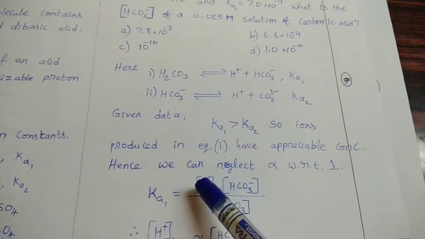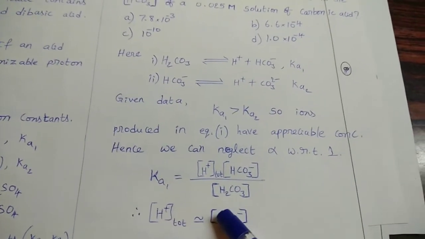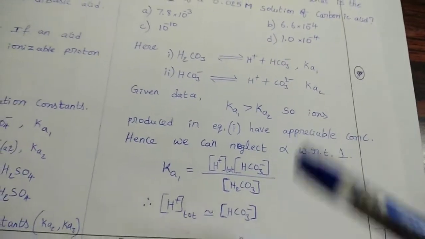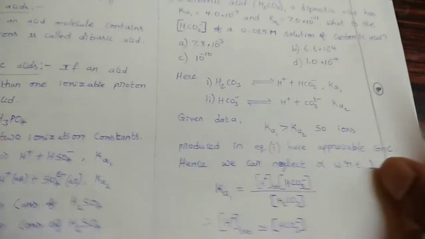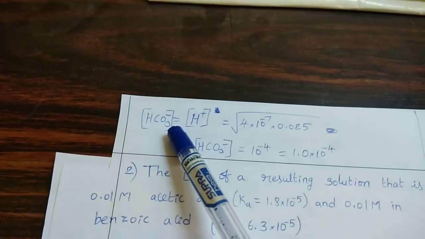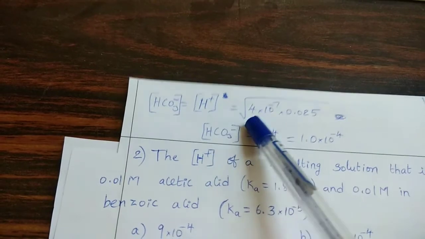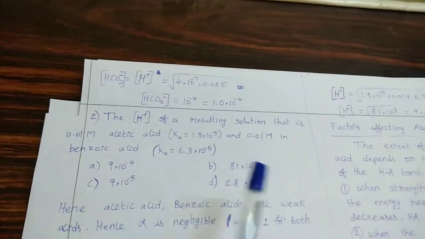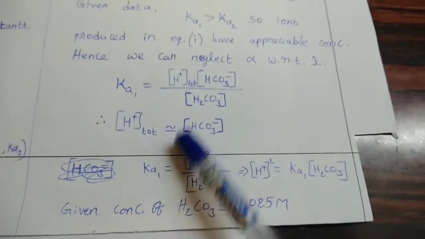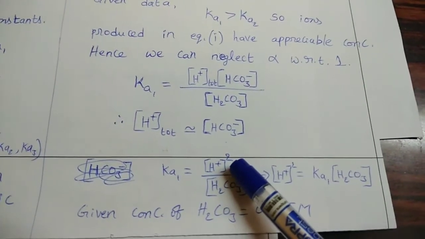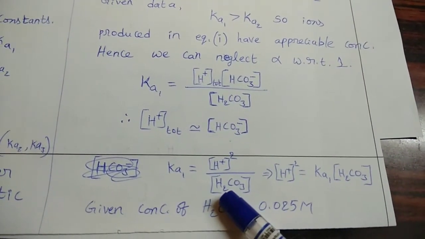These two ion concentrations are approximately equal, because ionization takes place to a small extent. So the HCO3 minus ion concentration equals the H plus ion concentration, which equals the square root of Ka into C. Here Ka1 equals, writing H plus in place of this, H plus whole squared divided by the concentration of H2CO3.